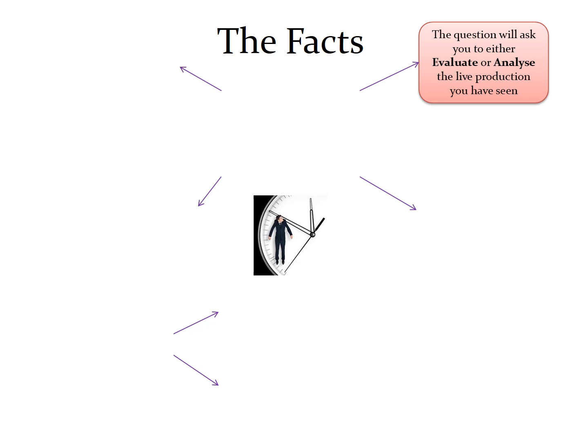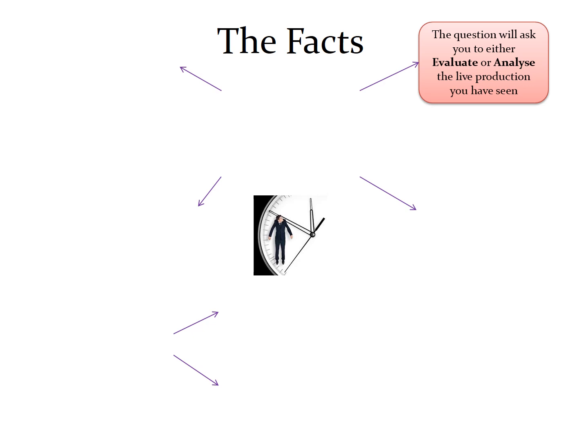Effectively, the theatre review is asking you to read the question, answer the question, to come up with a point that answers the question, give a specific example from the play that you've seen, and then justify your point. So really, each question will effectively expect you to evaluate and analyze. It really is so similar that I wouldn't worry about that too much.